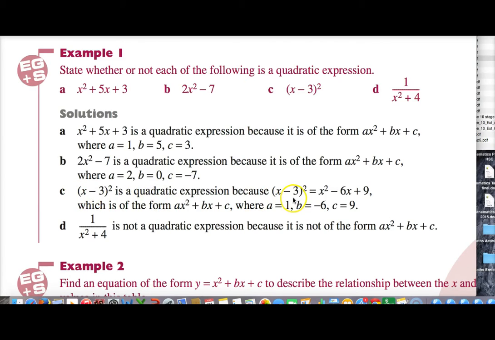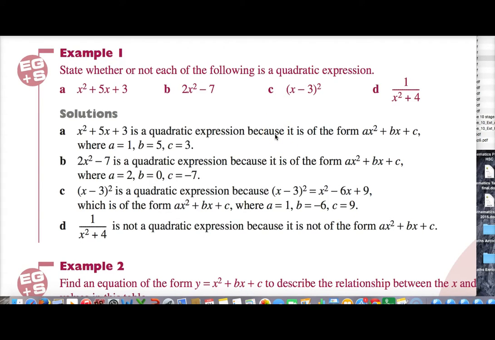Look down here at the solution. x minus 3 squared is a quadratic expression because, do you remember, this is a perfect square? It's the first one squared minus 2 times each of those numbers, minus 2 times 3 times x is minus 6x plus 9. All right, ask a question now.